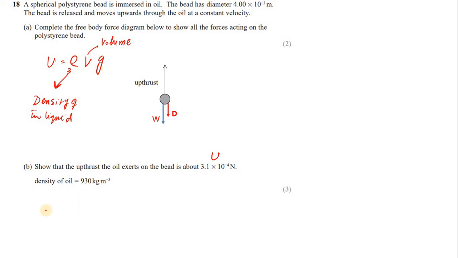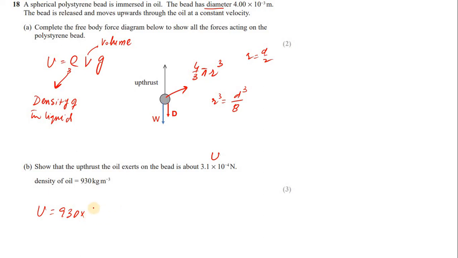So U is equal to density, which is 930, into volume, and this is a sphere, and it is required from you that you must remember the volume of the sphere, which is 4/3 of pi r cube. Again, because diameter is given, I don't want to waste my time finding radius, so I will be using r cube as d cube upon 8, because r is equal to d by 2.